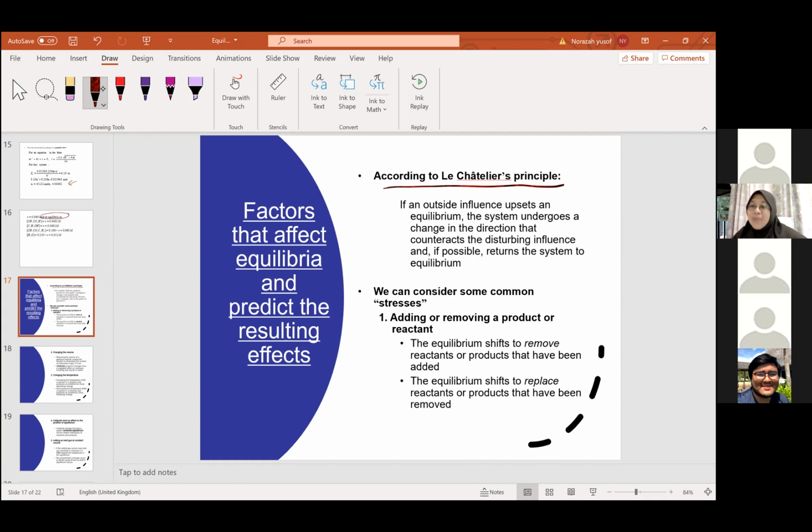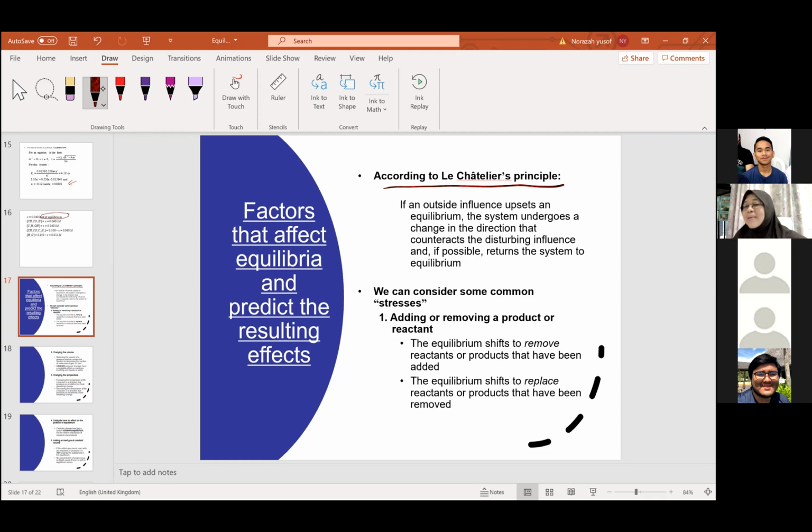So we love equilibrium. We love to be at a stable condition, and we love the status quo. I don't know whether you know the meaning of status quo. Status quo is the original state that we are at.